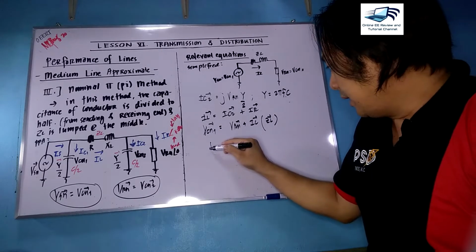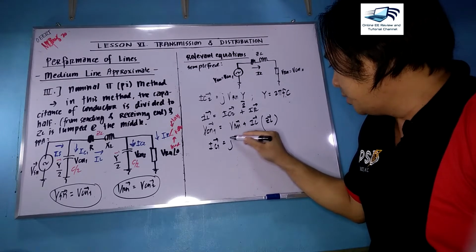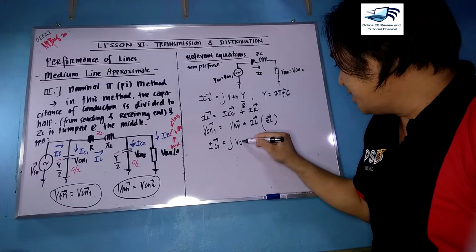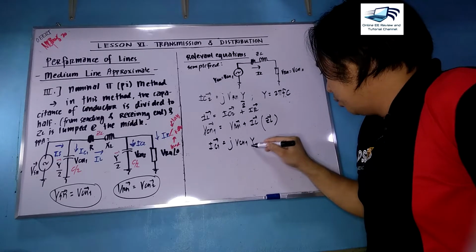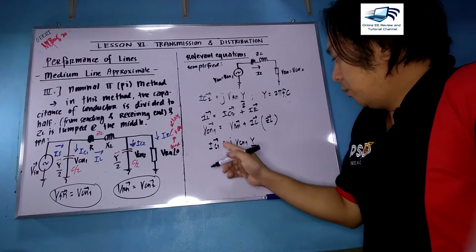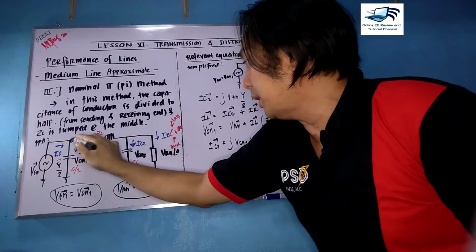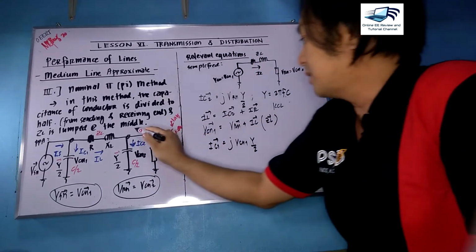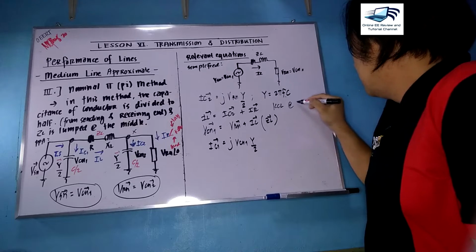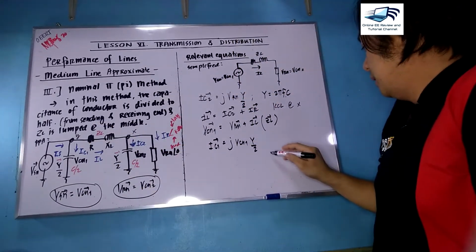If you already have VCN1, you can now get IC1 by having jVCN1 multiplied by YL over 2. Now, you already have IC1, you can have a KCL at this top point here. This is KCL at X, for example, and this is KCL at Y, for example.